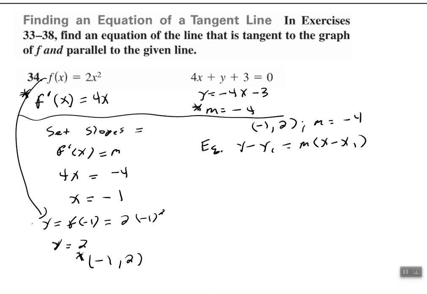So if I plug that information into our point slope formula, then I can find the equation of the line that's tangent to this parabola that's also parallel to the given line. So let's replace x1 and y1 and m.